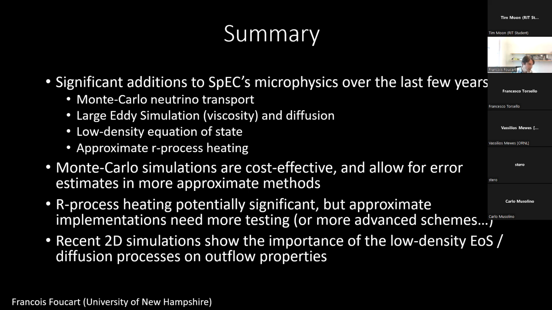The errors that you get in the Ye evolution, for example, are negligible here. We do have methods that are such that on average the lepton number conservation and energy conservation is satisfied, but it's not satisfied for every single interaction between neutrinos and the matter.